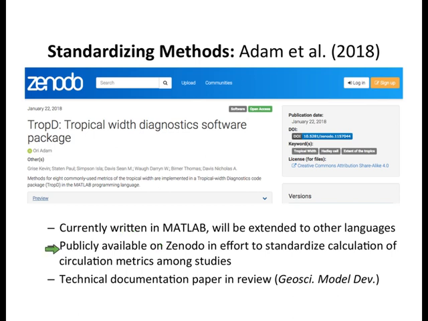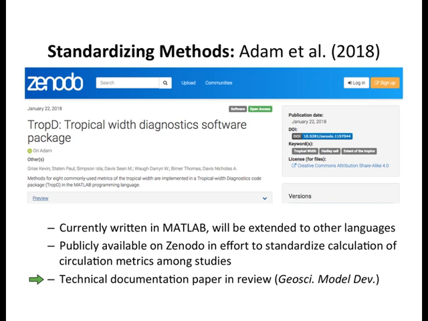So anybody can download this if you're interested in comparing these circulation metrics to something you're studying. This code can be applied to reanalysis and climate model output very easily. The technical documentation, how we made the methodological decisions to write this code, is now in a review paper in GMD. That's in discussion, so you're welcome to comment on that right now if you like.